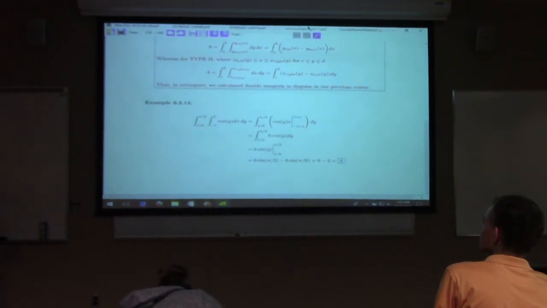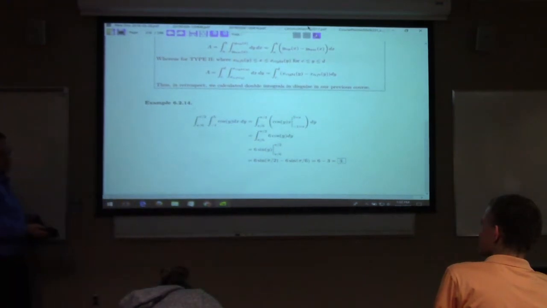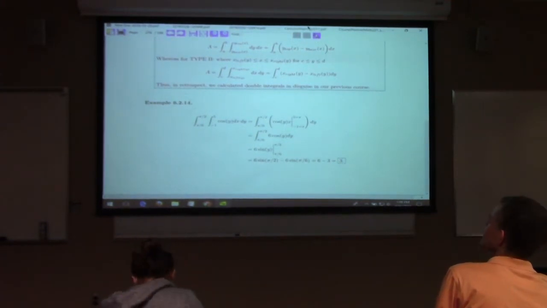This is not a complicated question. The integrand is cosine y. That's the function we're integrating. This is an iterated integral we're looking at, right? But this is a setup of a certain geometric integral that we defined.